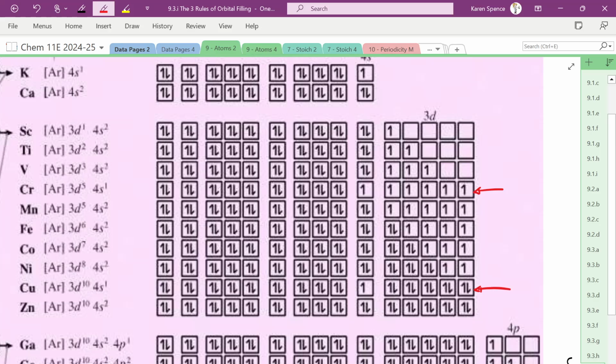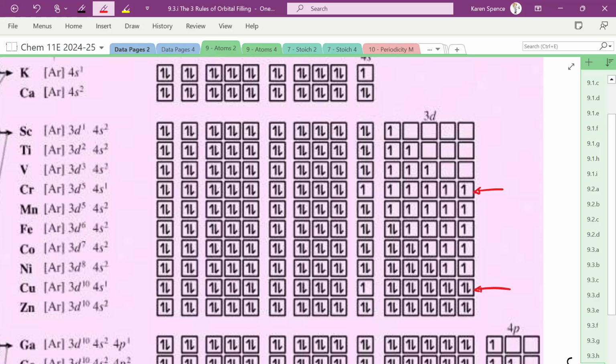However, apparently that explanation is not correct, so that information is no longer on the AP exam. You do not need to know the exceptions to the Aufbau principle, not because they're wrong, but because the explanation for them is wrong. They've taken them out of the curriculum, so you don't need to know them.